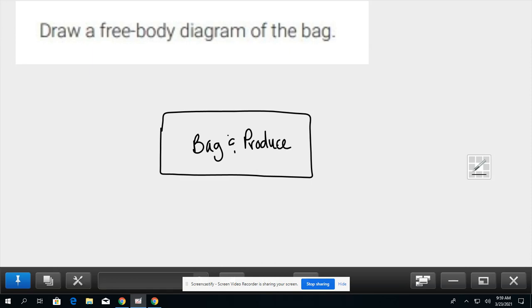That produce has weight that's pulling it down because of Earth's gravity. You also have the floor. What direction is the floor interacting with our bag? And you have a hand. What direction is that hand interacting with the bag?